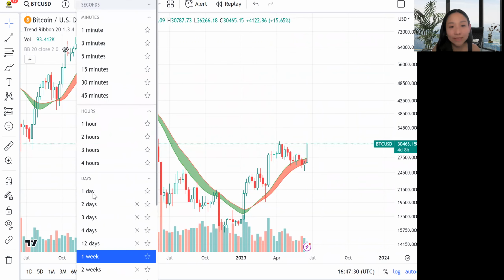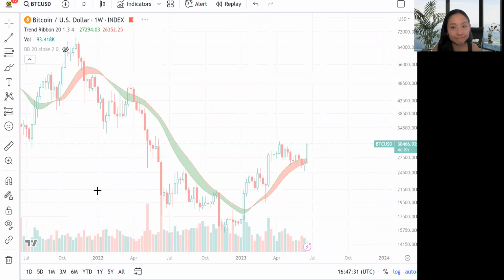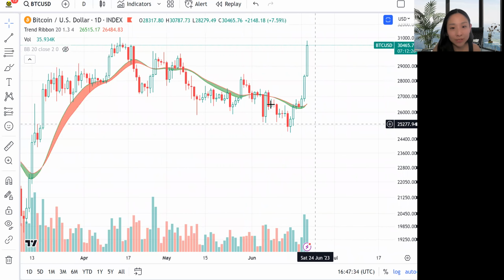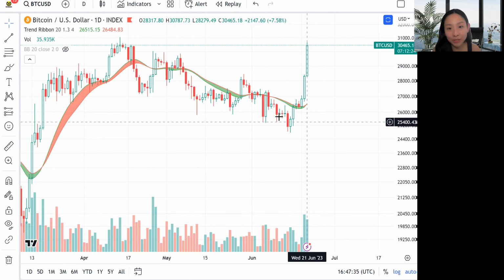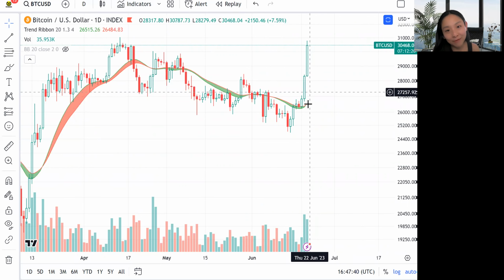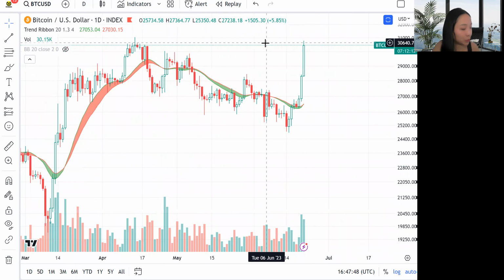Let's look at the daily chart. The daily chart is right now changing from green to red. It's a bit far for you if you are a short-term investor, because the cut-loss price is really far away. I also want you to be careful.